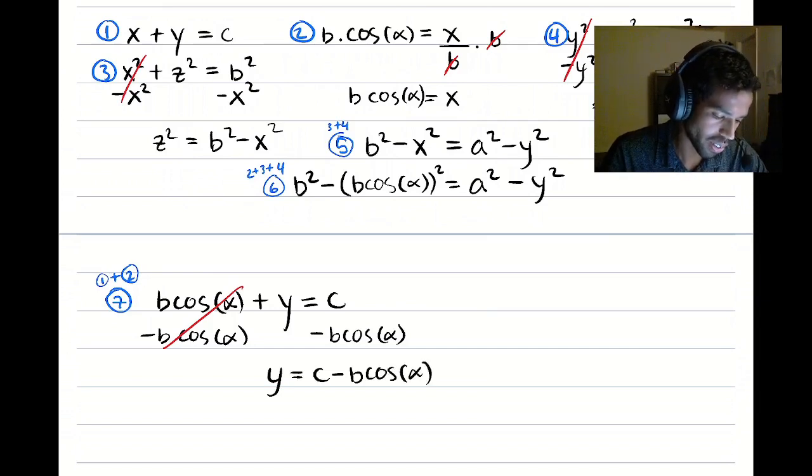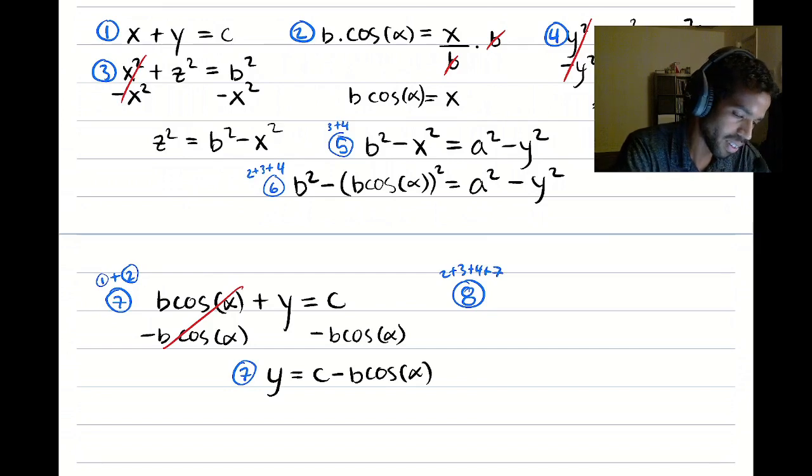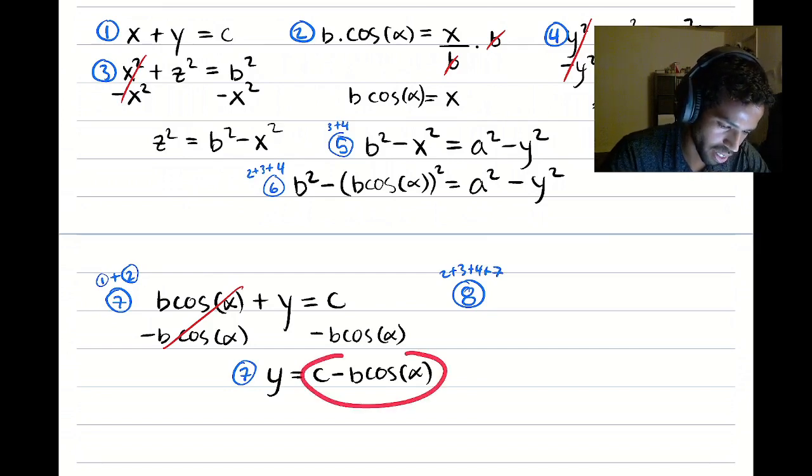Okay, so now I'm gonna take equation 7 and plug it into equation 6. So I have equation 8 over here, which is gonna be a mixture of 2 plus 3 plus 4 plus 7. And so what I'm gonna do is substitute this for the y over here.